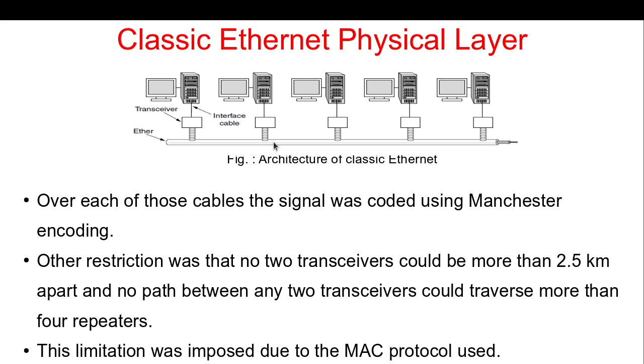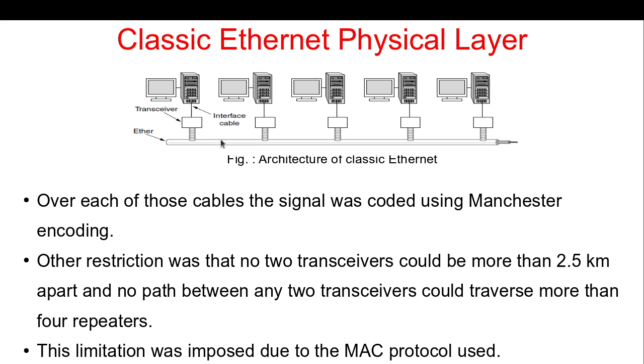Here the restriction was that no two transceivers could be more than 2.5 kilometers apart, as you can see here, and no path between any two transceivers could traverse more than 4 repeaters.